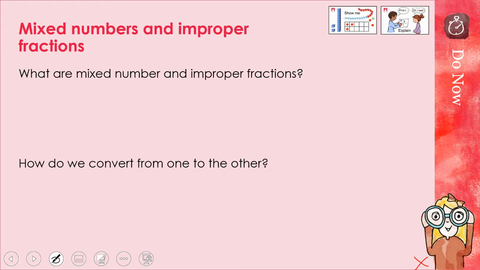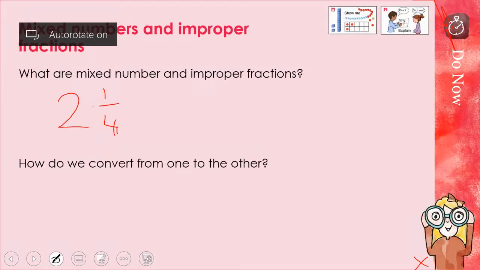Okay, a mixed number looks something like this: 2 and a quarter. What is really important that I understand is that is 2 whole ones and a quarter.